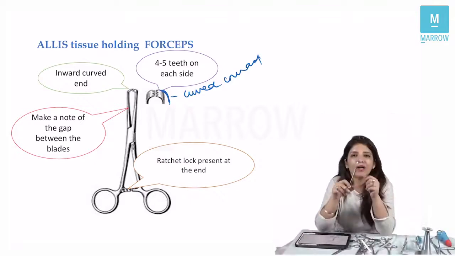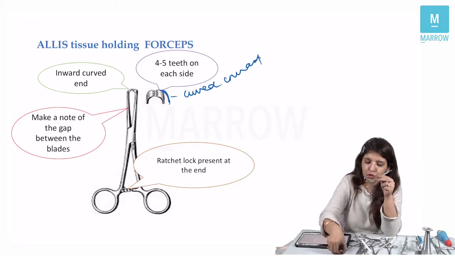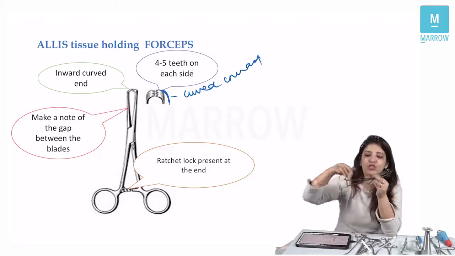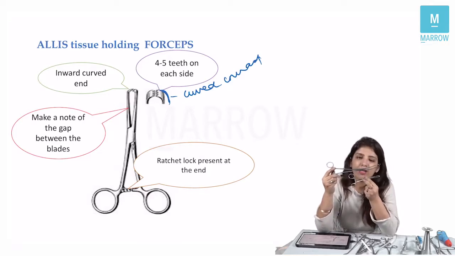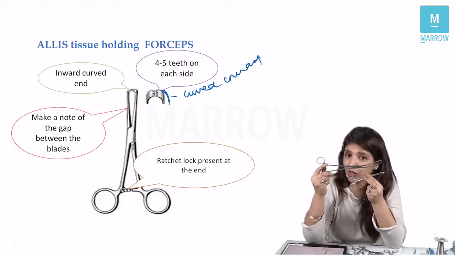Now, one more instrument which I pointed out where a gap is present was the Cellum. So I am keeping these two instruments side by side, and now look at them. You'll understand that there is a lot of difference between them. A Cellum usually will be longer than the Alice forceps.